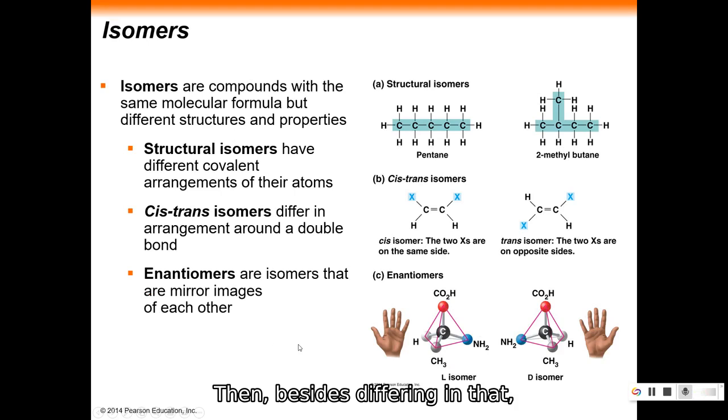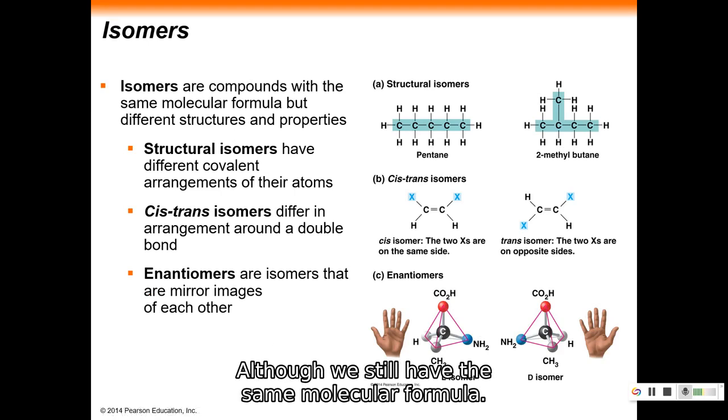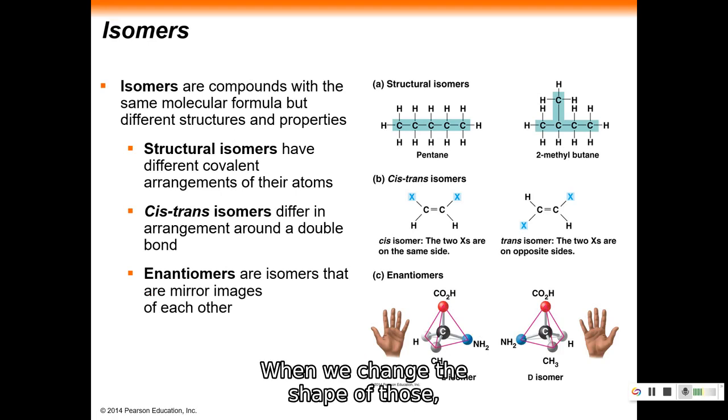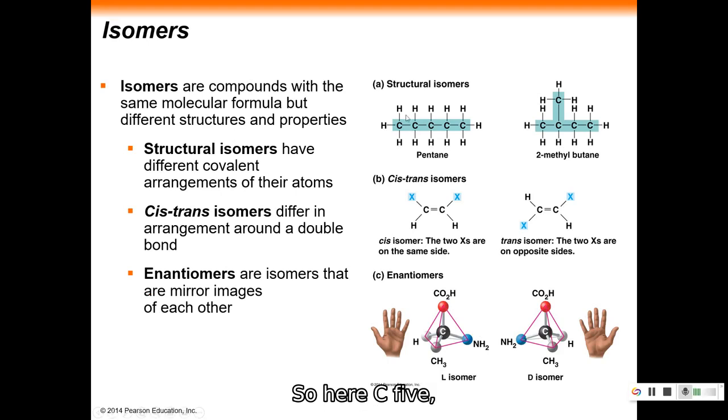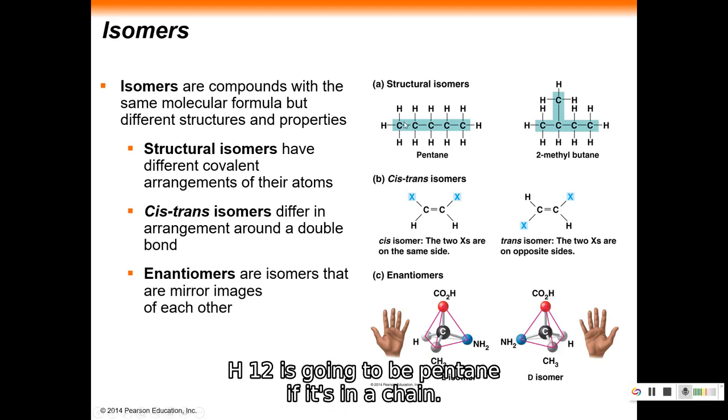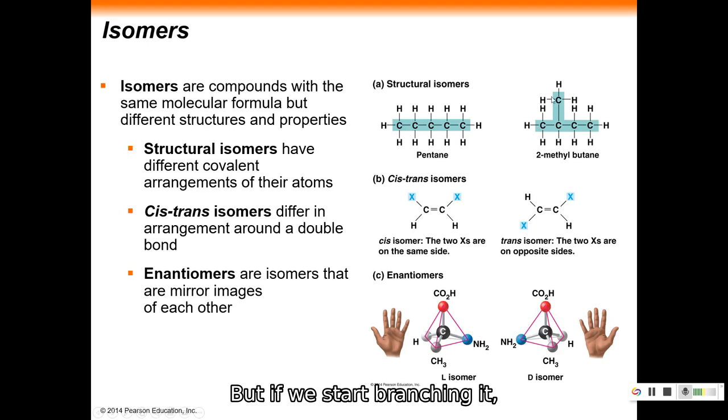And then besides differing in that, we can also differ, although we still have the same molecular formula. When we change the shape of those, we're going to be creating different molecules. So here, C5H12 is going to be pentane if it's in a chain, but if we start branching it, it gets a different shape.